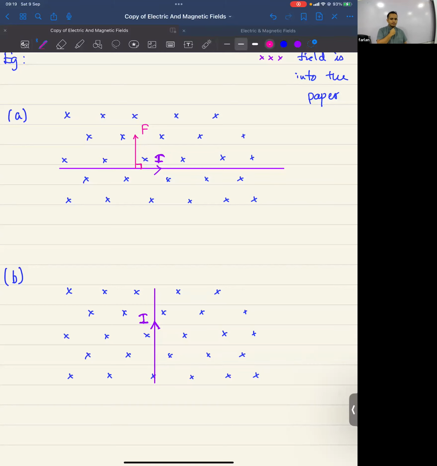Towards the left. So the magnetic field is in, current is this way, so the force will be to the left. Do you understand how to use Fleming's left hand?